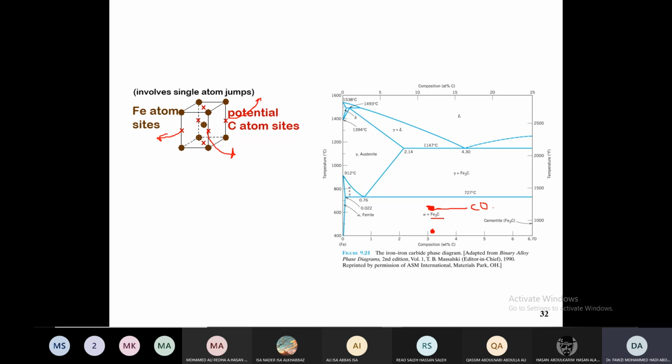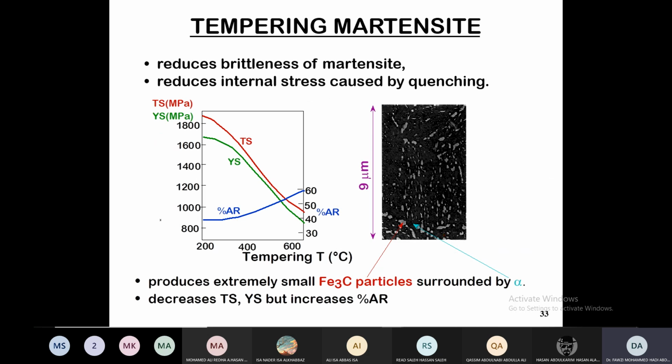So you will have a coarse, it's not as coarse as spheroidite, but we say coarse tempered martensite. But when we are at lower temperature, these will be finer microstructure. The finer the microstructure of the tempered martensite, the stronger they are. And this is what we are showing here.